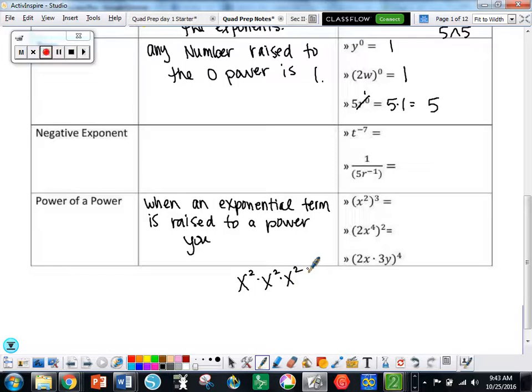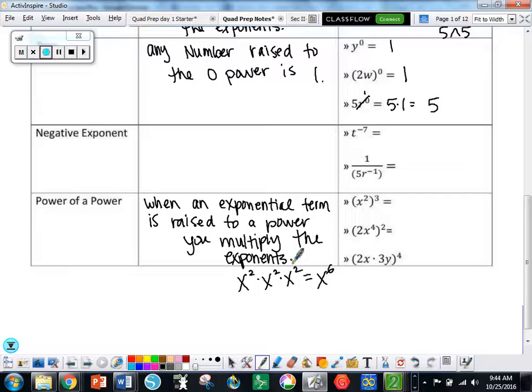If I use that very first rule that I gave you with the multiply and then the exponents, what would that be? X to the what? 6. So looking at that 2 and the 3, how could I get the 6? Yeah, you multiply. We're going to multiply those exponents.